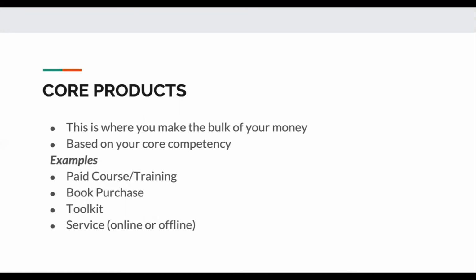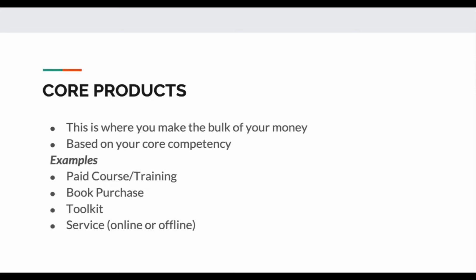I talked about the sample chapter of a book, offering it for free, but the main book itself is your core product. You can have a toolkit, like our Smart Solopreneur toolkit, where we've gathered almost our whole arsenal of tools that we use, bundled together and sold. That can also be your core product.